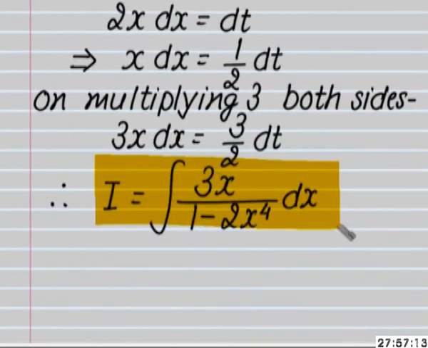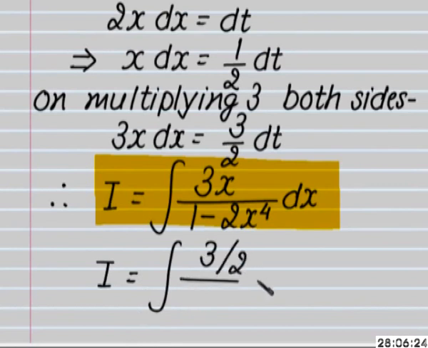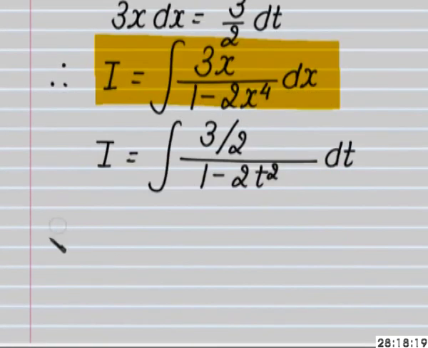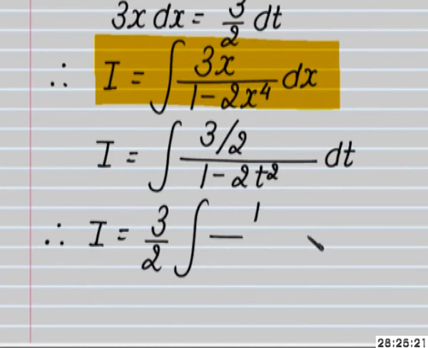So the given integral becomes I equal to integral of 3 upon 2 upon 1 minus 2 t square with respect to t. Therefore, I is equal to 3 upon 2 into integral of 1 upon 1 minus 2 t square with respect to t.